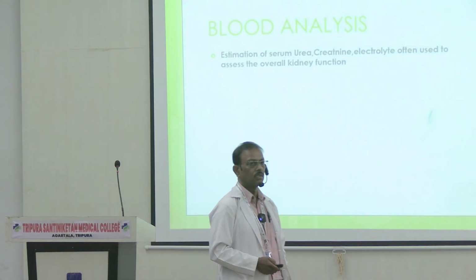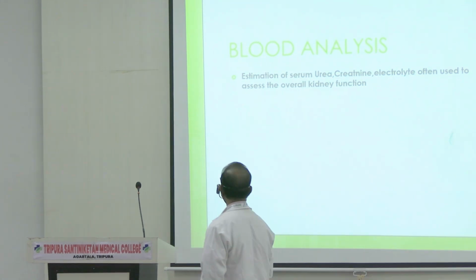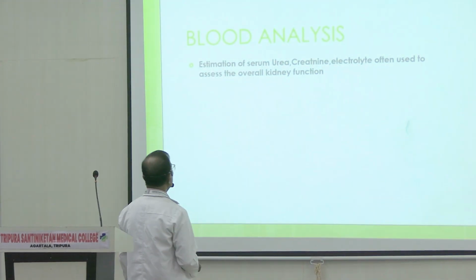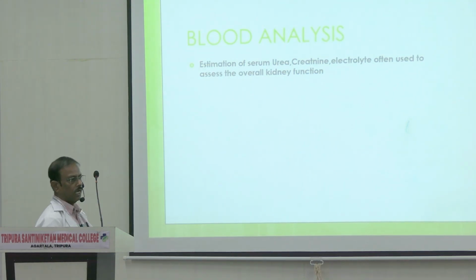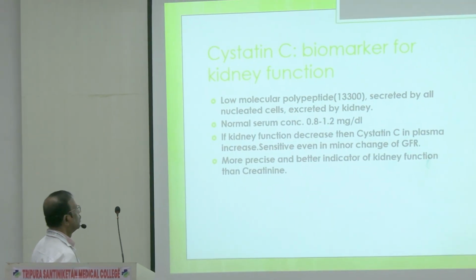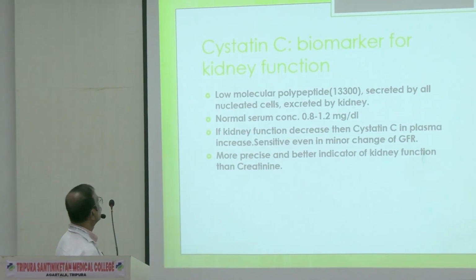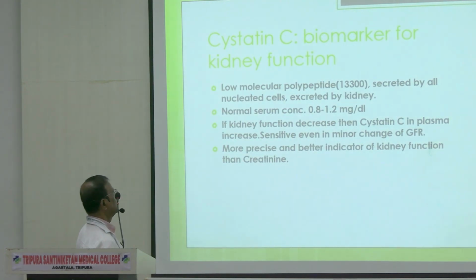Blood analysis, estimation of urea, creatinine, and electrolytes is often used to assess overall kidney function. Recently, a molecule called Cystatin C is used to determine kidney function.